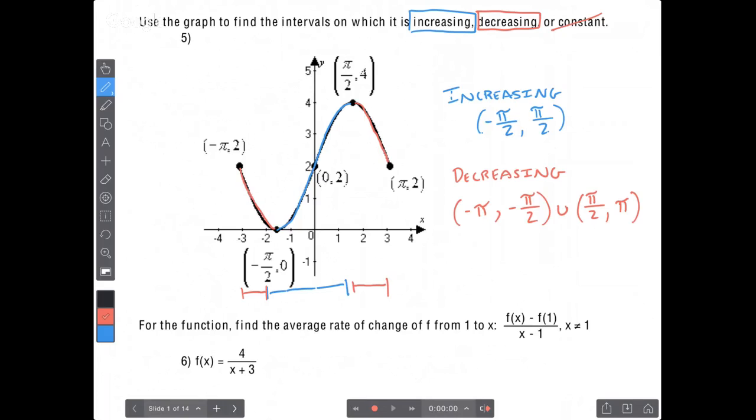Any questions? Pretty easy. Something we did, I think, way back in chapter 2, and then again in chapter 5.